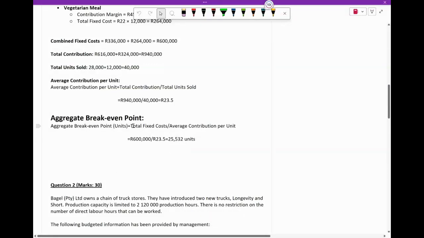Okay, anyway. So we then say, okay, total fixed costs, which we calculated, and that was 600 divided by the 23.5 units.